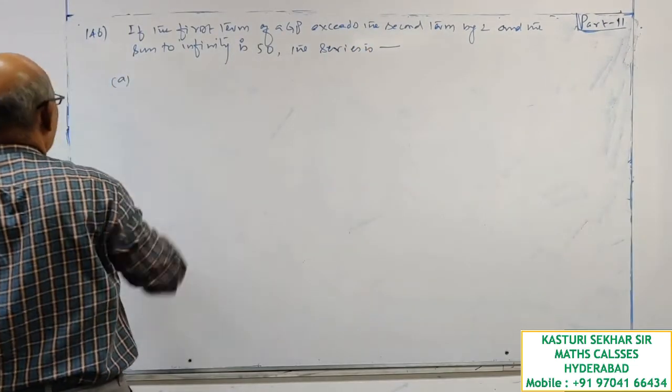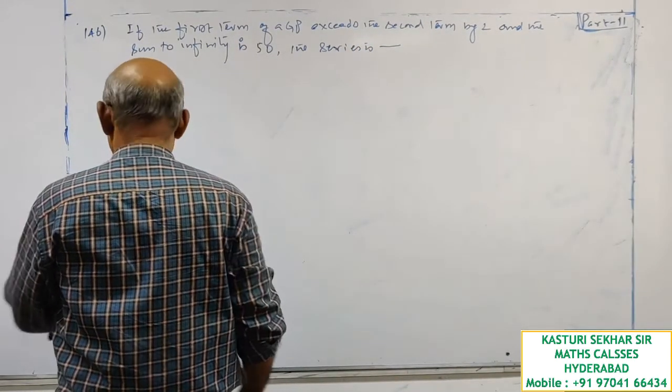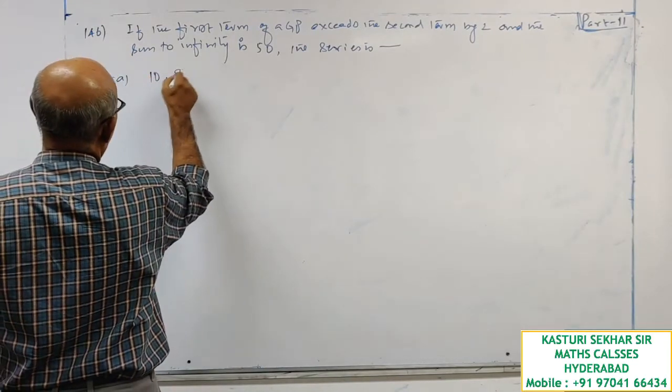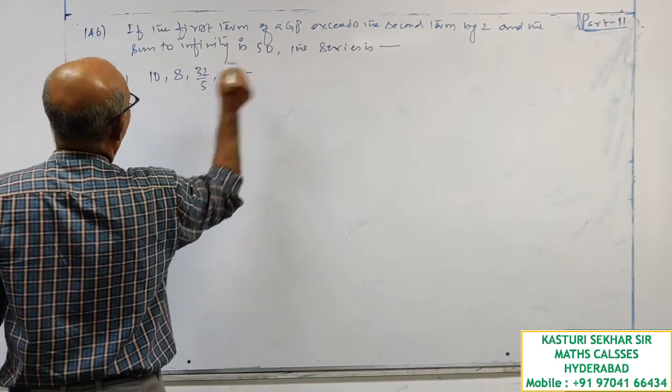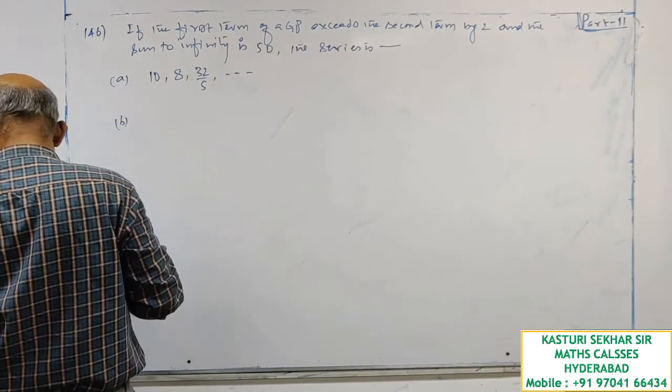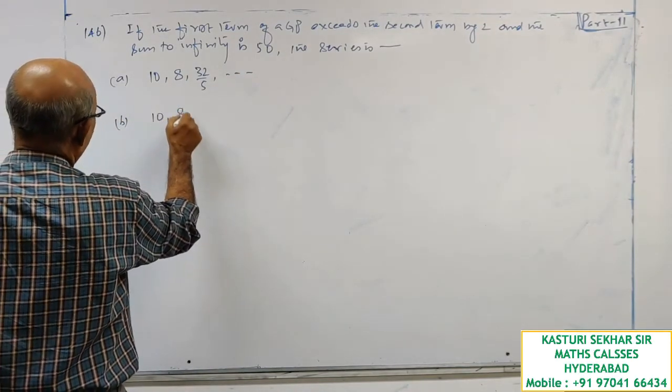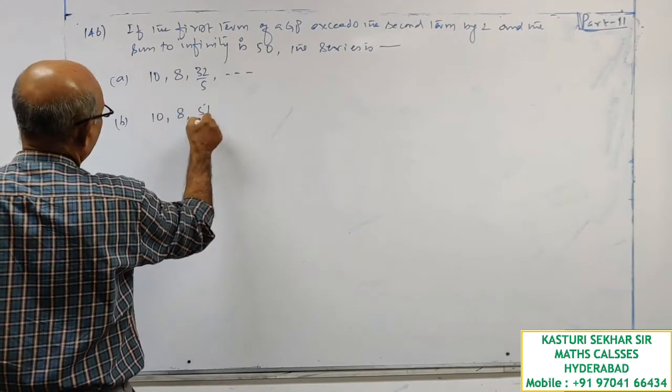again we can take the help of options as long as they are numerical numbers. Option B, 10, 8, 5 by 2.